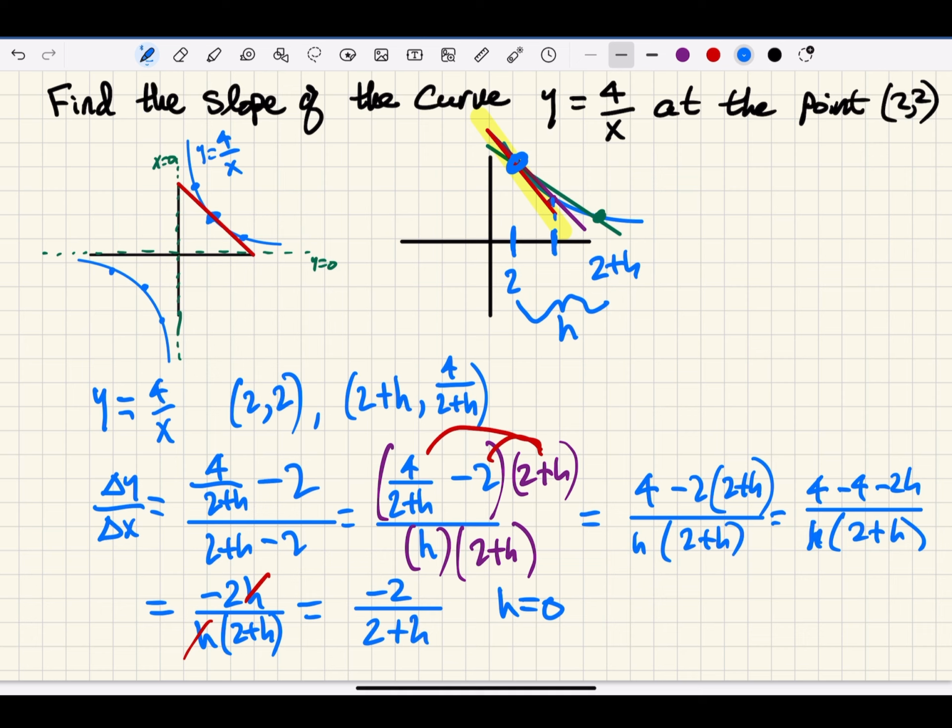And we would do that by letting h be equal to 0. So now substituting, we have minus 2 over 2 plus 0, or minus 2 over 2, or negative 1. So in other words, then, the slope of the curve, or the slope of the line tangent to the curve, the same thing, at that point would be m equal to negative 1.